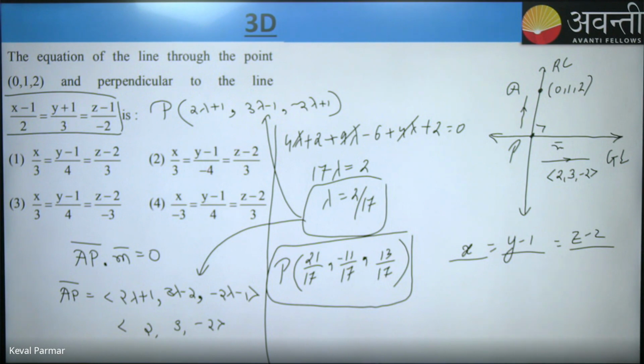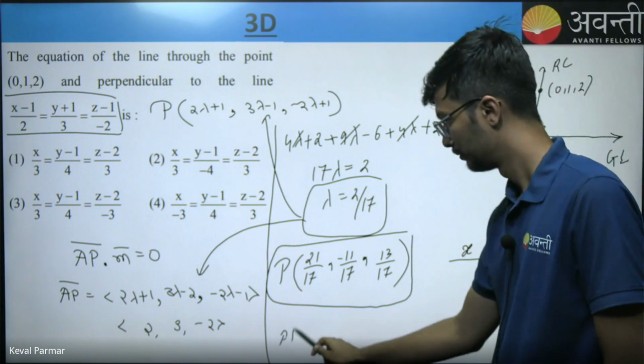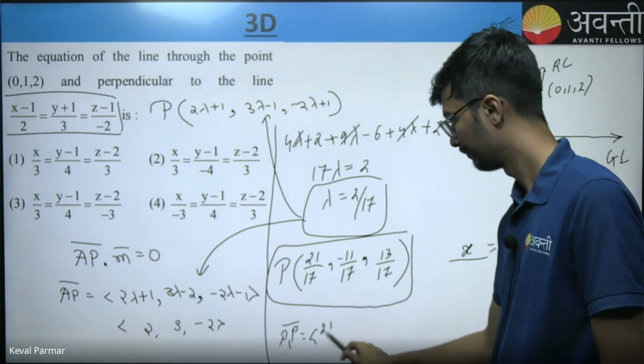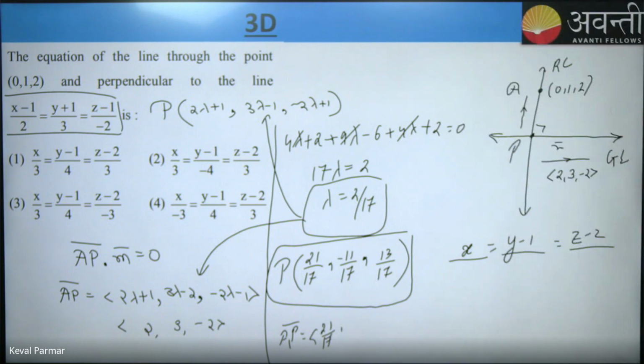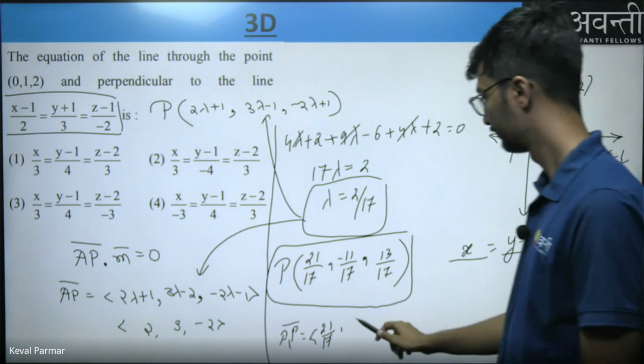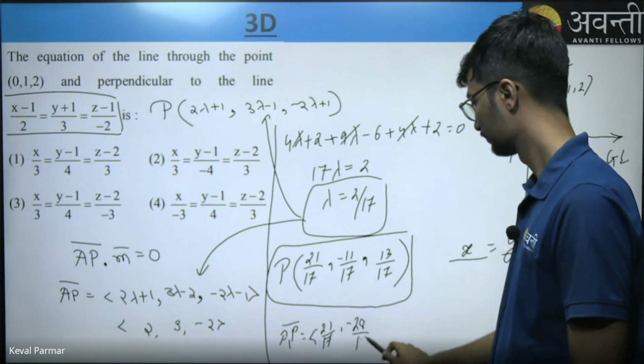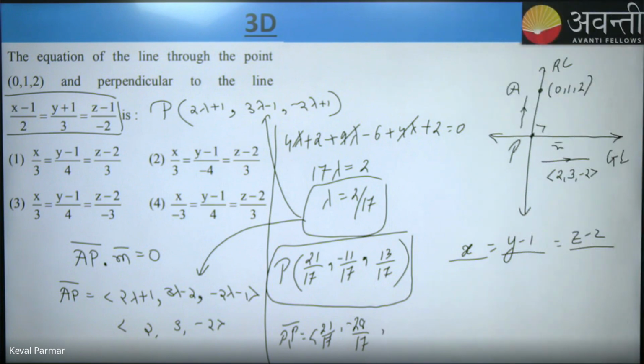AP vector will be 21 by 17, 6 by 17 minus 2, which is 6 minus 34, so minus 28 by 17, and minus 4 by 17 minus 1, so minus 21 by 17.